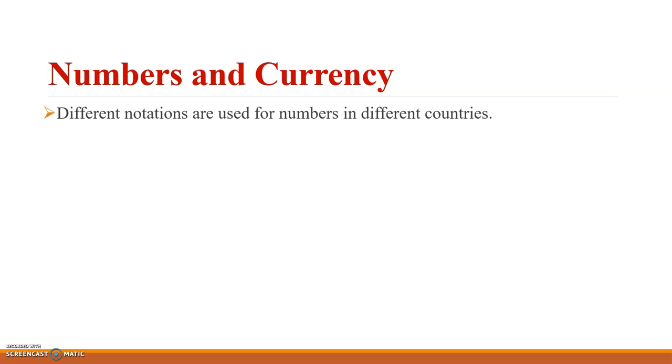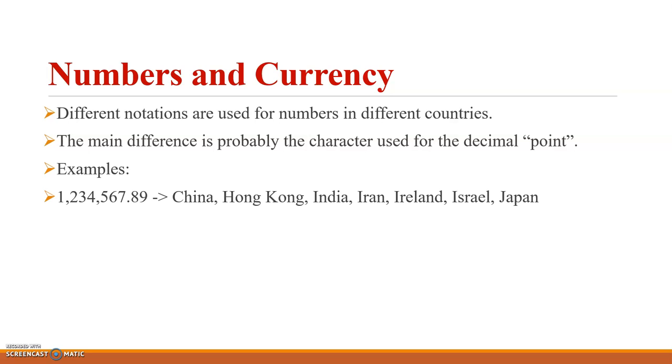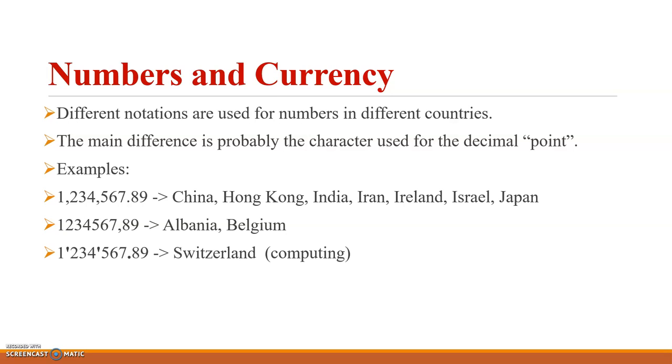The next one is numbers and currency. Different notations are used for numbers in different countries. The main difference is probably the character used for the decimal point. Normally, the one way of representing a number in our country is a dot. It is again applicable for countries like Japan and China also. But when I take the example of Belgium, they use a comma instead of a point.